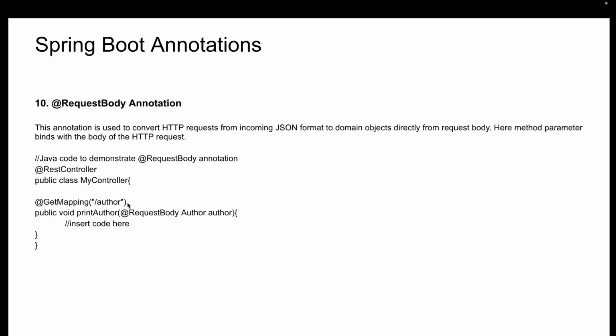Means we are trying to hit an HTTP request, and in that HTTP request we are passing this author payload. Means we will be passing, let's say, ID, name, and address of the author in that JSON format. So if we want to pass something along with our request, we can use this request body.